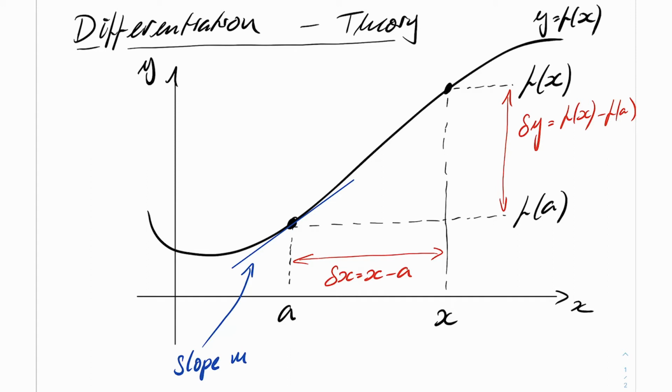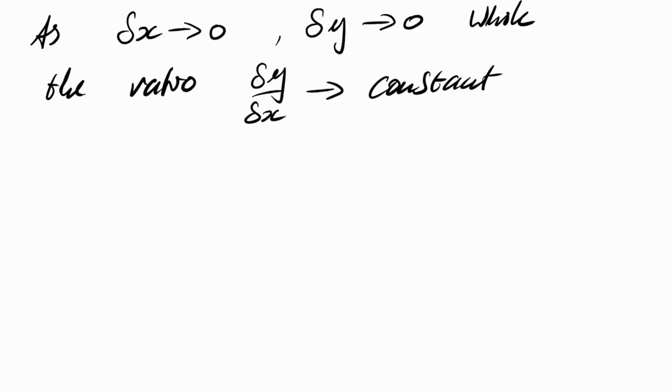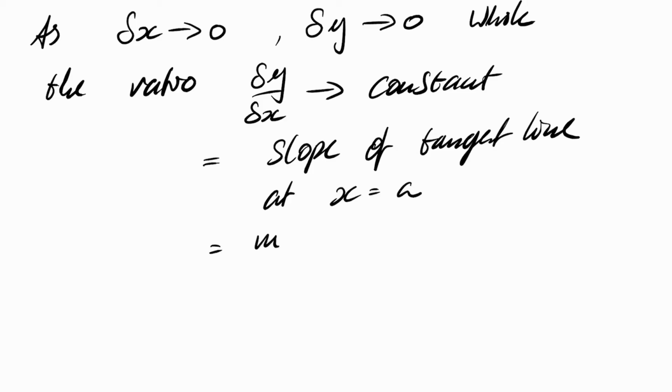Now the idea of derivatives is that if I make delta x small, then I move this point towards our target point, x equals a. So I reduce delta x and I slide x along towards a, and at the same time I decrease the height of the function. So mathematically, we can say that as delta x goes to 0, delta y is also going to 0. But crucially, the ratio of those two things is tending towards a constant. And this constant is the slope of the tangent line at x equals a. So this is just equal to m.